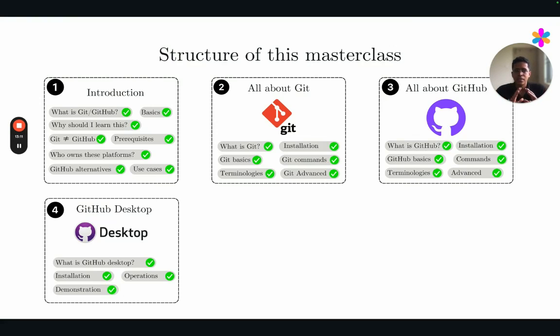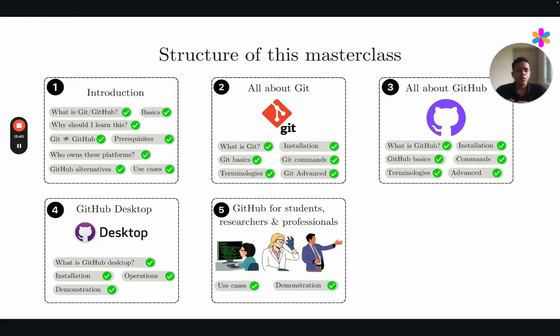I'm just mentioning this so that you can get an overview of the course, but I'm fully aware that you are probably not familiar with all the terminologies that I'm speaking right now, and that's completely all right. But basically, GitHub Desktop is an amazing software, which is like a graphical user interface, and it allows you to use GitHub without having to write any code or commands in the terminal.